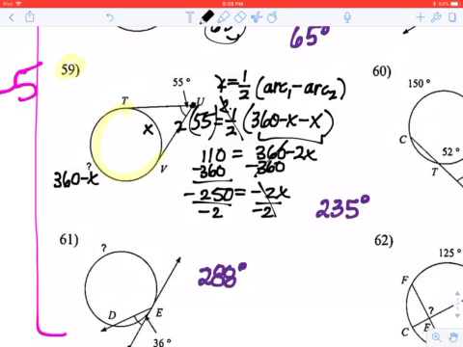So the negatives are going to both become positive, so that's 125 equals x, but I labeled the small angle as x. So you need to find the big angle by doing 360 minus 125, and that's where we're going to get 235 for my answer here.